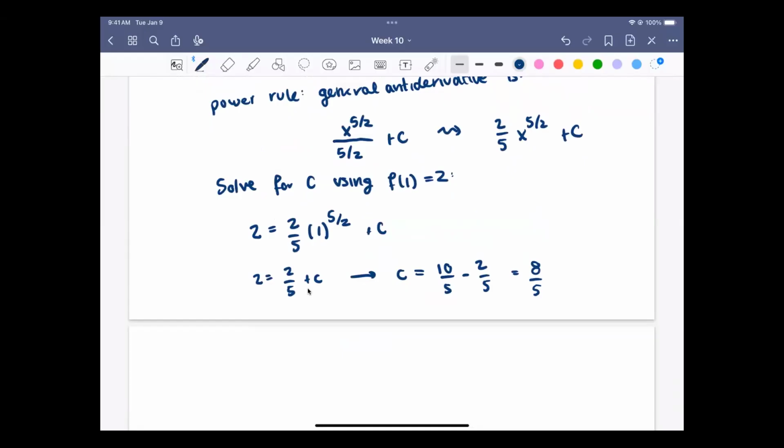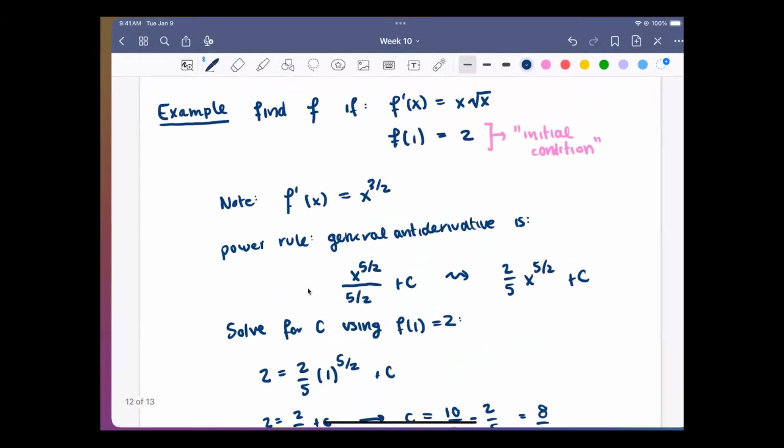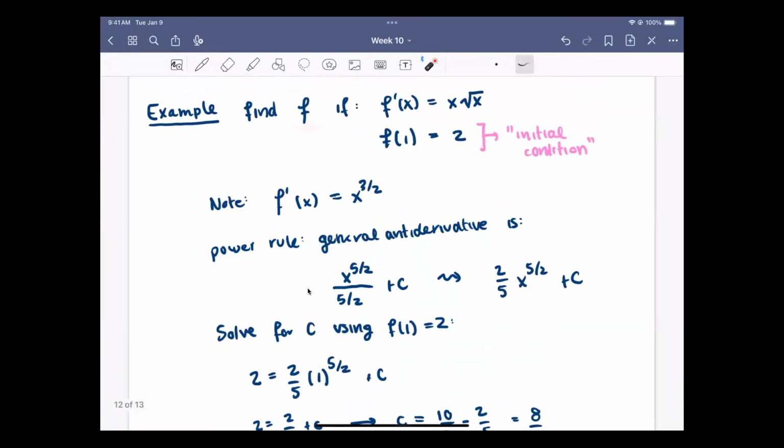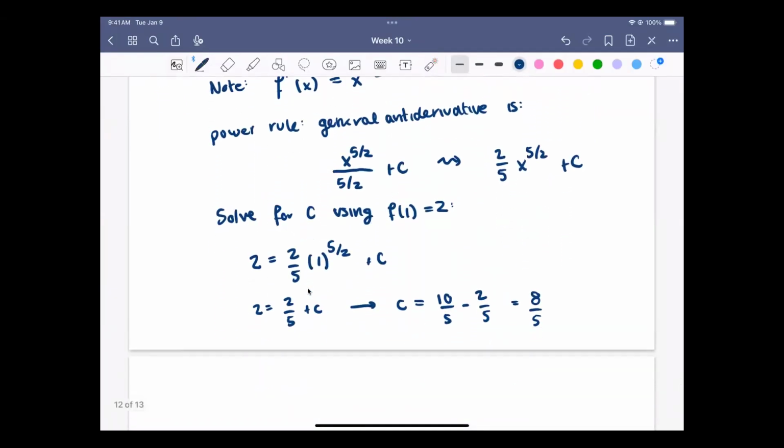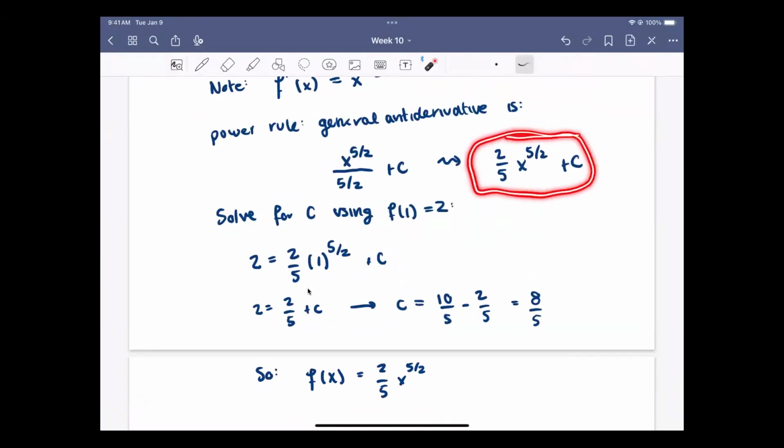So that means that, okay, our problem asked us to find f given this information. So we know now that f of x is equal to 2/5 x to the 5/2. I'm just copying down from our antiderivative.